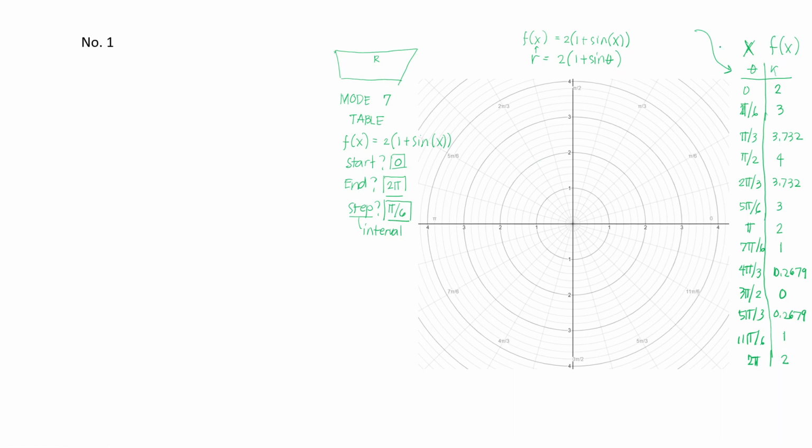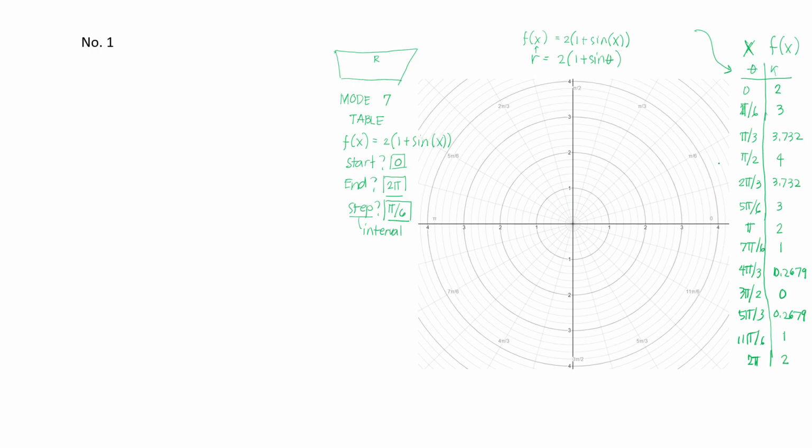Since we now have the values, all you have to do is to plot them in this polar graph. Don't worry if you don't have any polar graph in the exam. Probably you just have to create the x and y plane, and then draw lang siguro ganing mga angles at 60.